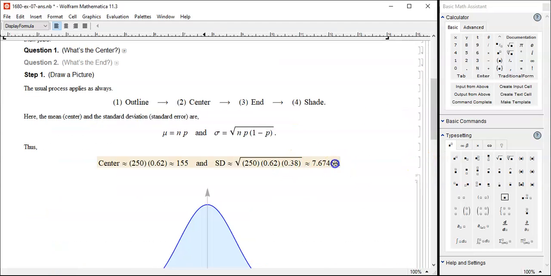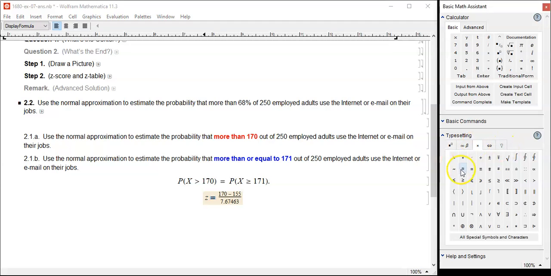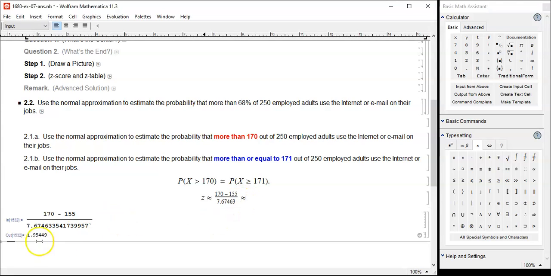And yes, here's the computation, square root of n p (1 minus p). Let's take it downstairs here. And then everything is approximation in statistics, so let me change this into approximate equality notation. And let's calculate that. And yeah, I remember that figure.